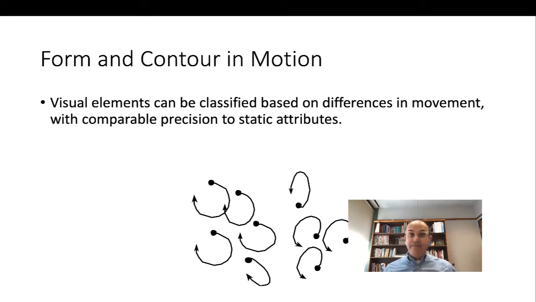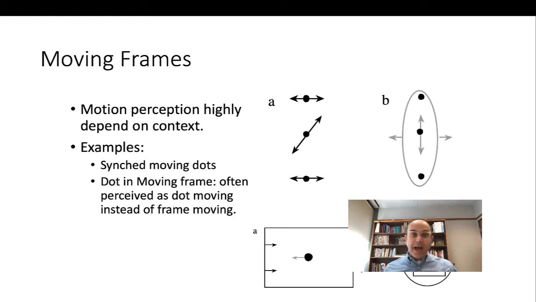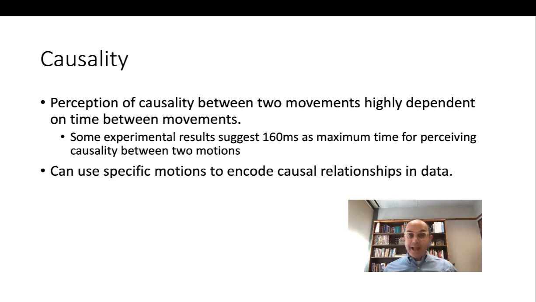So again, form of encounter in motion are really important. Moving frames is also, we will learn about moving frames and how we apply them and what we do with them later on. Causality is also important, especially causality in statistics, that usually is one causes the other.